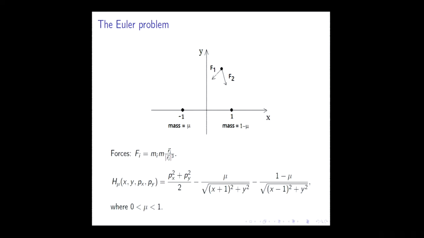But in the three-body problem, maybe I can say a little bit about that. It's a very hard problem. I will illustrate with this example of the Euler problem, which is a simplification of the three-body problem. I mean the circular, planar, restricted three-body problem. In the Euler problem, there are two masses. Here is the plane, and we have these two masses, mu and 1 minus mu, at those points (-1, 0) and (1, 0).